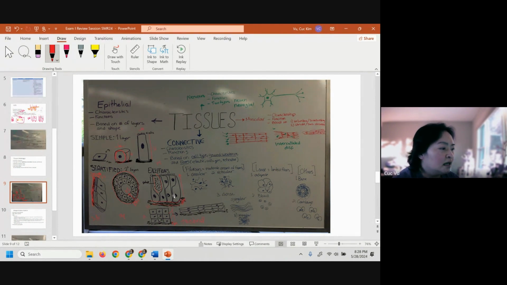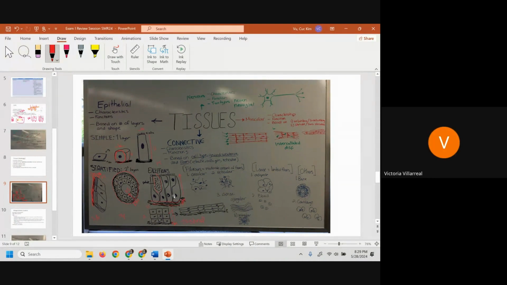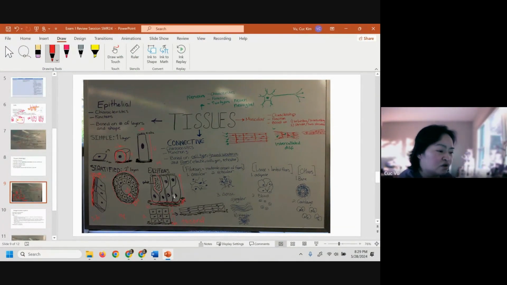Any other questions with epithelium? Could you explain again the pseudostratified, how that has the goblet cells in there? Yep. Because the pseudostratified columnar epithelium, it makes sense once you apply it.